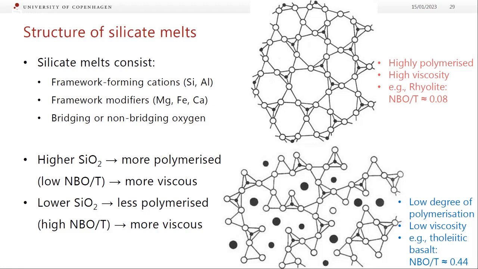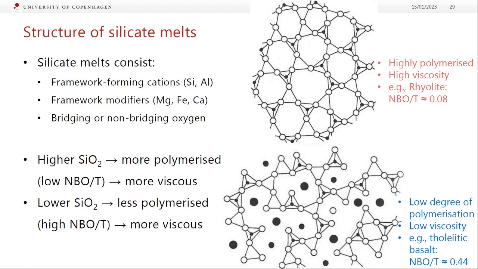As we introduce more of these network modifiers, then we have a mix of bridging oxygens, which connect the two silica tetrahedra, but then we also have these non-bridging oxygens that are not connected to another tetrahedron. So generally at higher silica contents, we have a more polymerized, more framework-like melt, and this has a low amount of non-bridging oxygens.